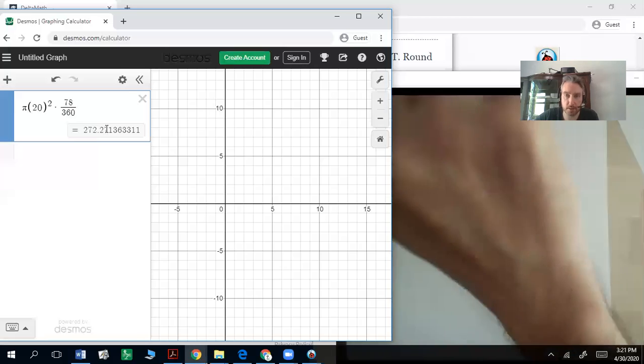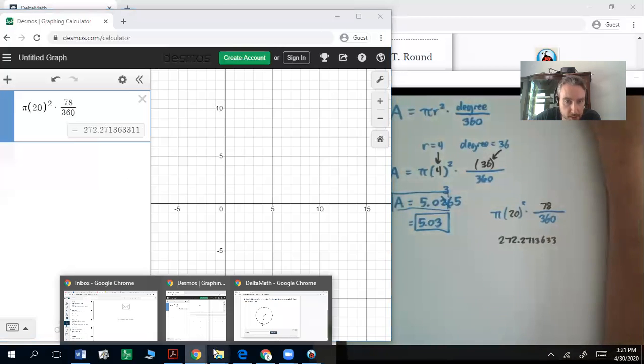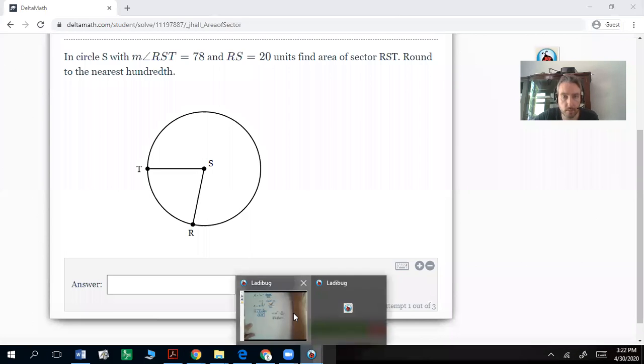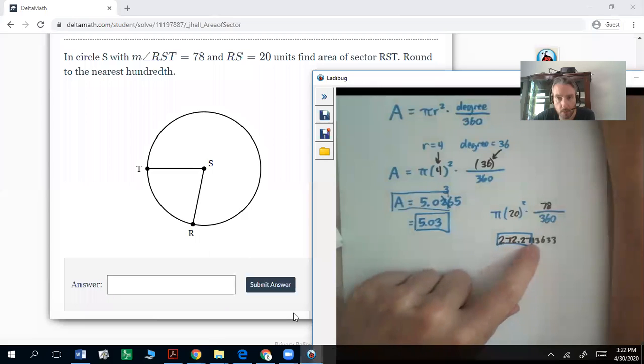And rounding that to the nearest hundredth is going to require you to go here. And since the 7 is followed by a 1, we're going to leave that as 272.27.